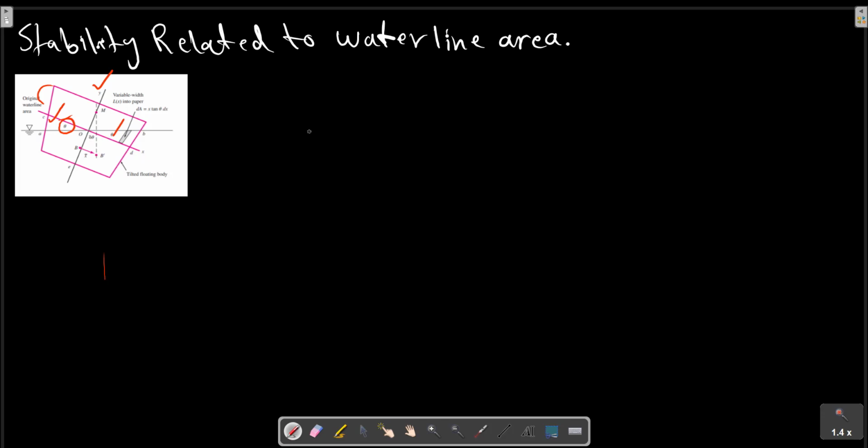The new position beta prime of the center of buoyancy is calculated as the centroid of the submerged portion AOBDE.